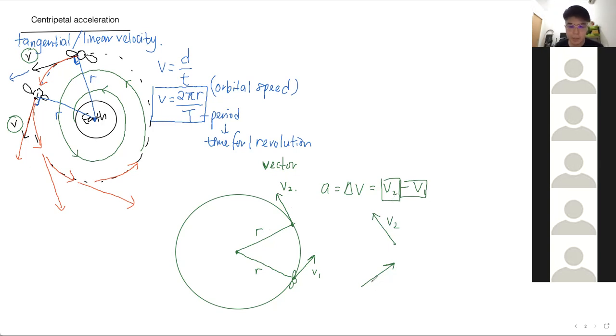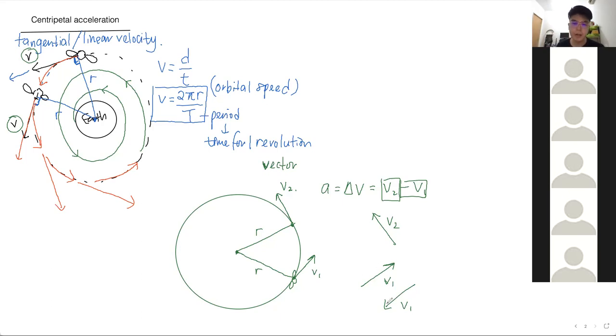Initially it's facing here, so for negative v1, we invert the direction like this. Now it's facing this way. But they will not ask you this in the exam. I just want to give you a bit of this. You will learn this in the coming chapters.